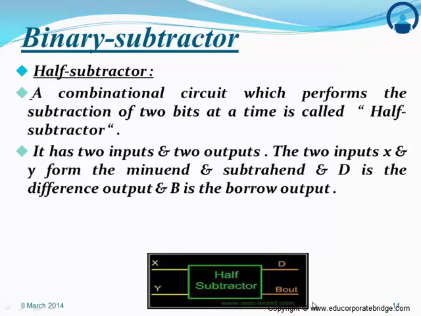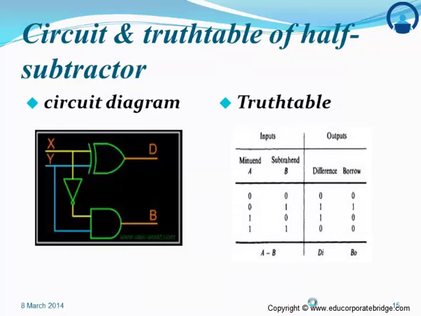So how does a binary subtractor work? The binary subtractor has a circuit diagram which is very similar to the binary adder, but the only difference is that it has an inverter, as we can see from this.